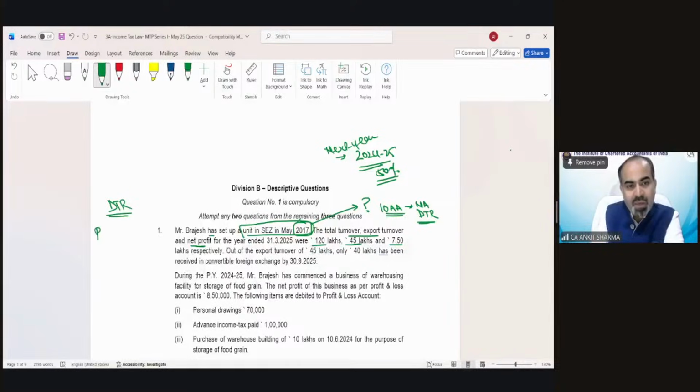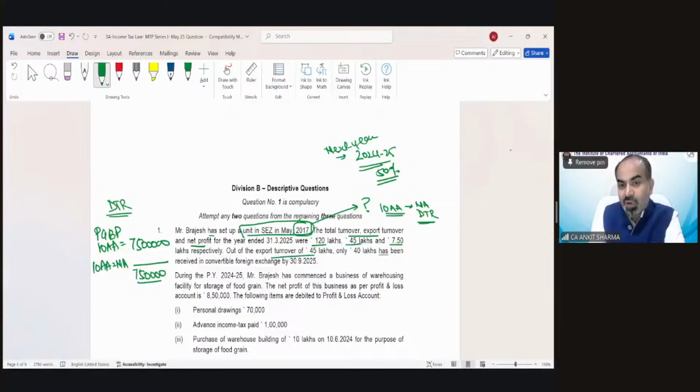So the PGBP of this section 10AA business is 7.5 lakh. 10AA not applicable, so my profit of this business would remain 7,50,000.